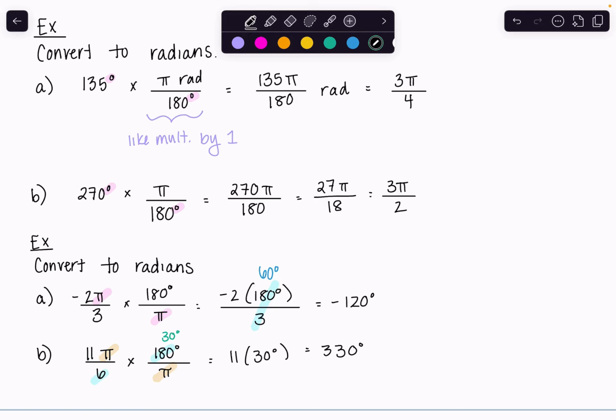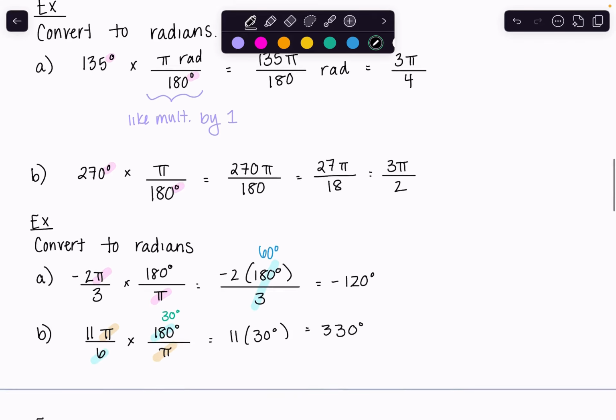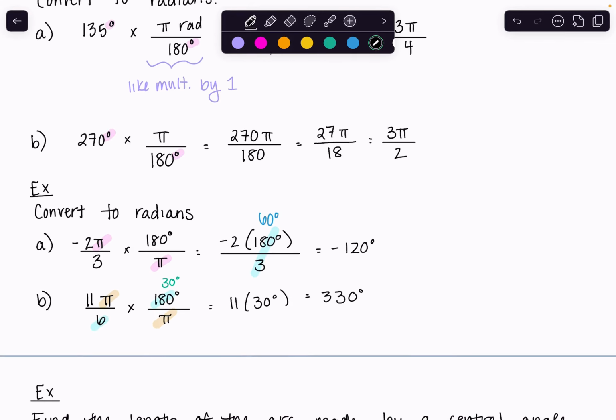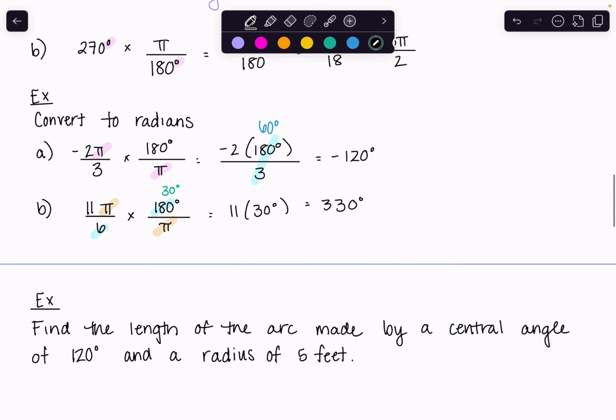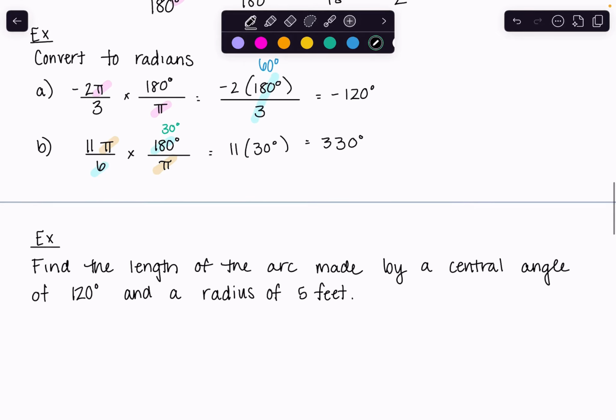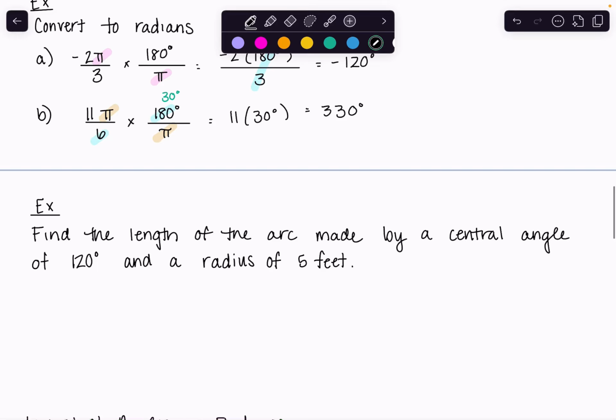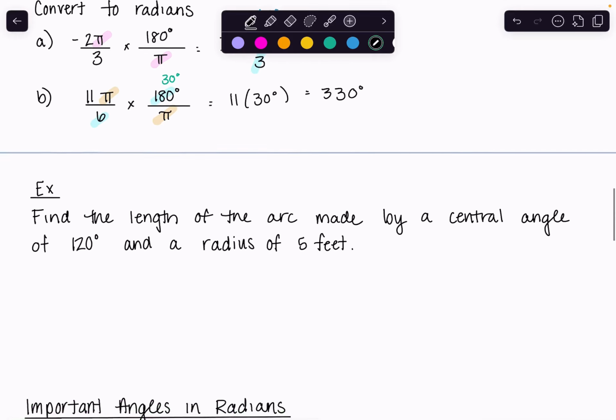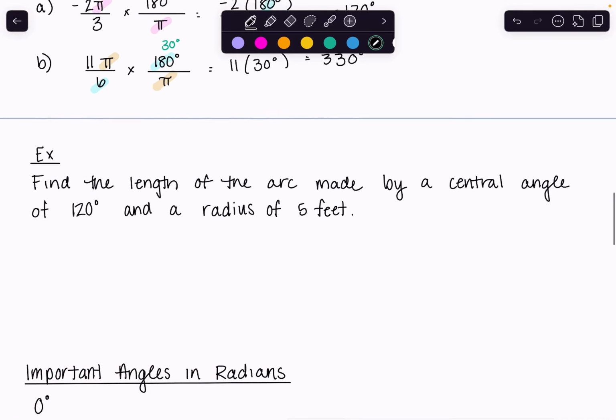All right. So let's try one more example, just utilizing that arc length formula since we had that here. And then we'll go ahead and we'll start talking about some other important concepts. So we are going to find the length of the arc made by a central angle of 120 degrees and a radius of 5 feet.